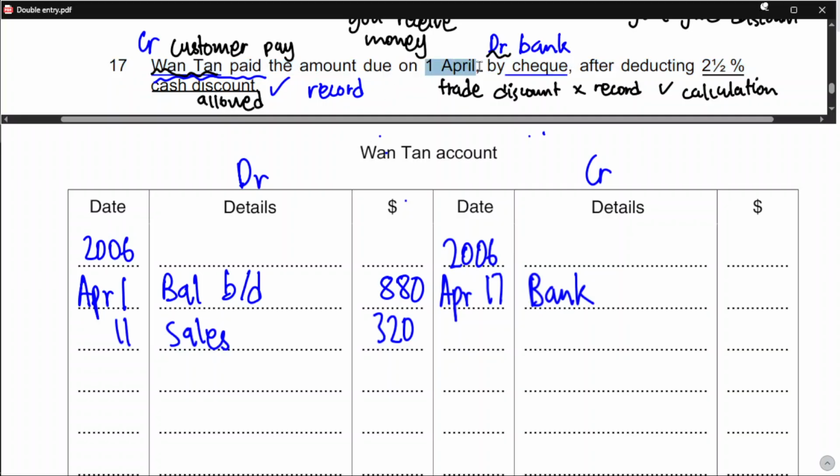He refers to 1 April. So let's refer to 1 April. So what he does is there is also cash discount we need to record. So let's record discount. In this case, it will be discount allowed.